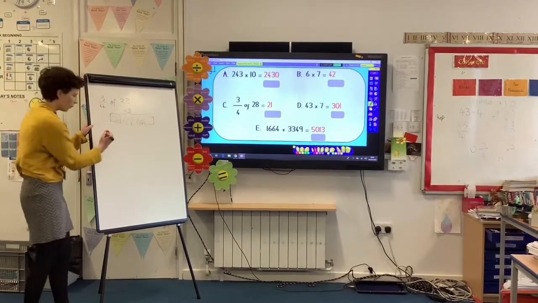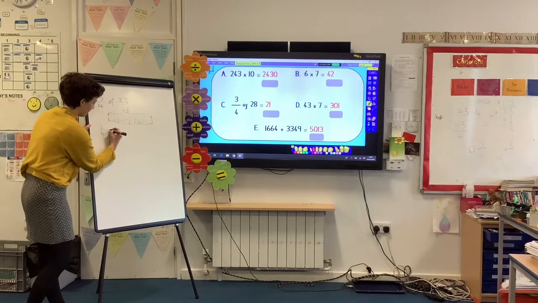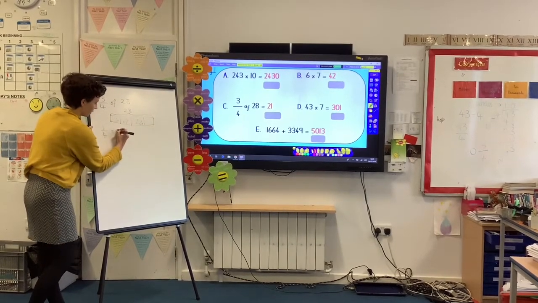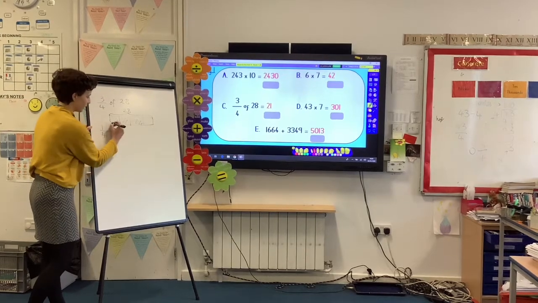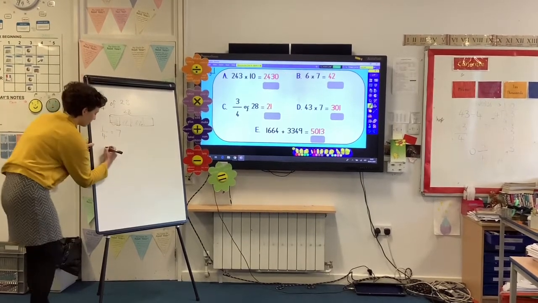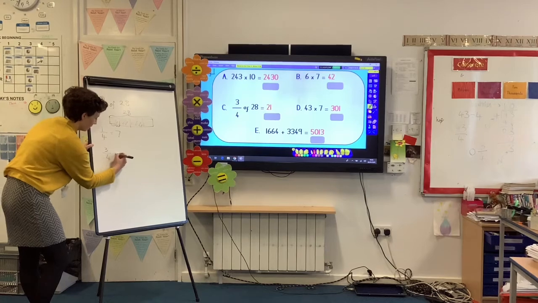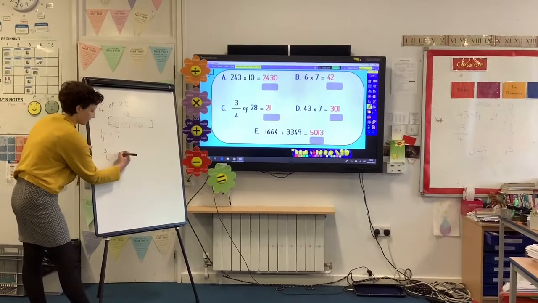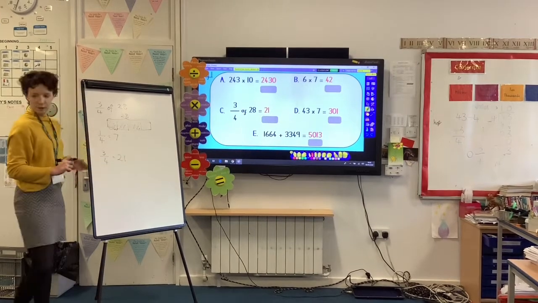So to find out what 1/4 would be, I need my 28 and I'm going to divide it by 4. So 1/4 would equal 7. To find 3/4, I know 1/4 is 7, so to find 3 lots of that, I need to do 7 times 3, which will equal 21.